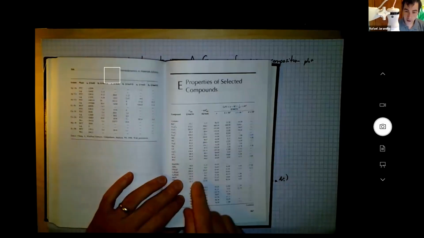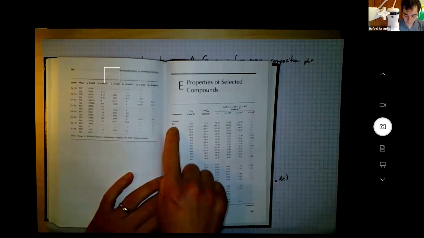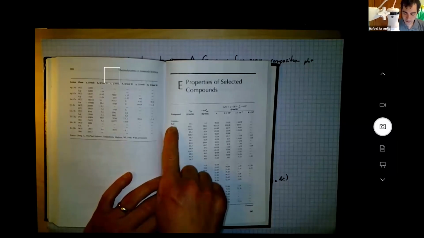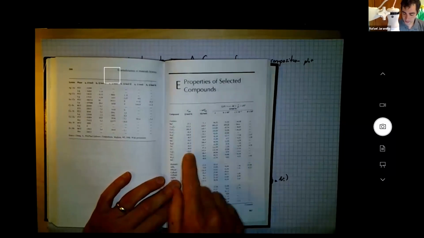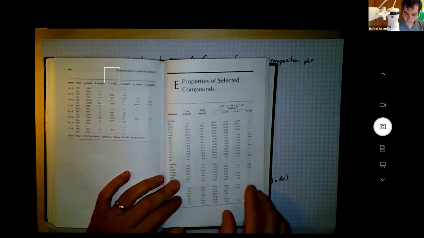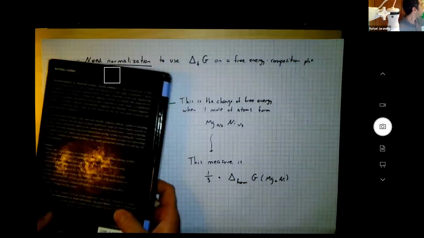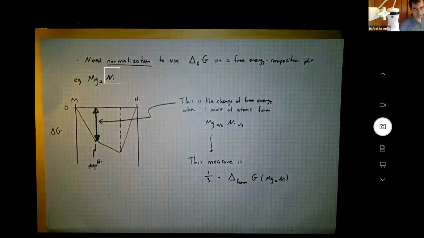So here's a carbide, boron carbide. I know you can't read that, but it's listing, let's say, delta H's, S naughts, per mole of compound, not per mole of total atoms. So you have to apply that normalization if you need to draw such plots.